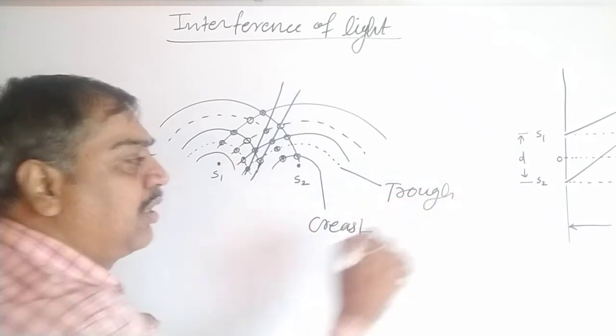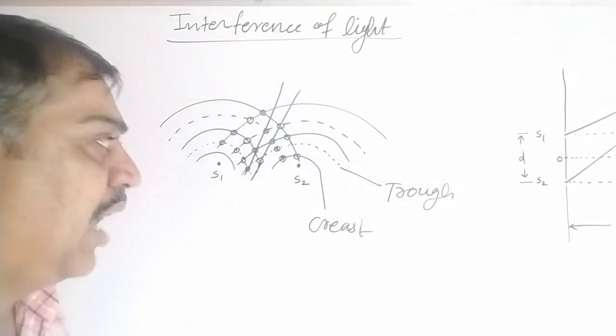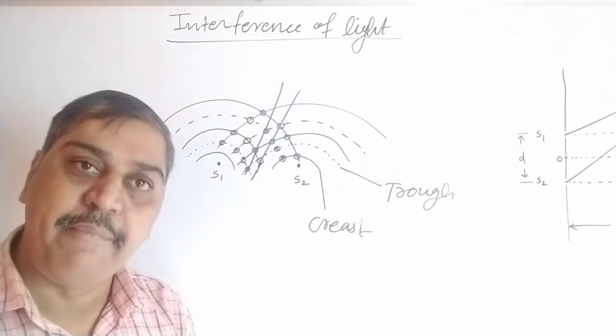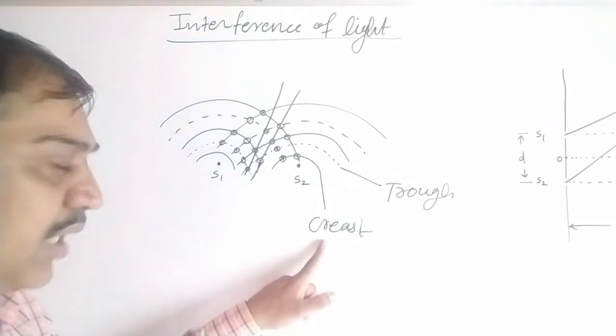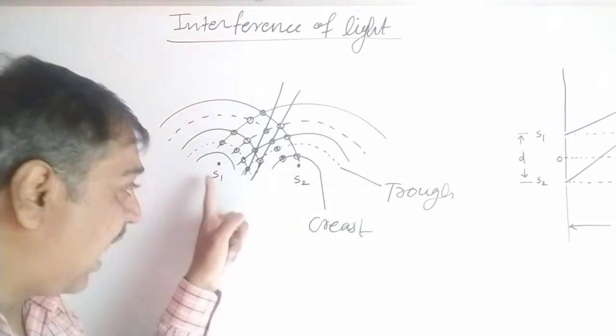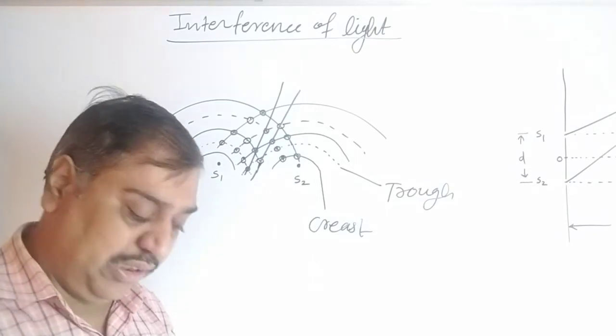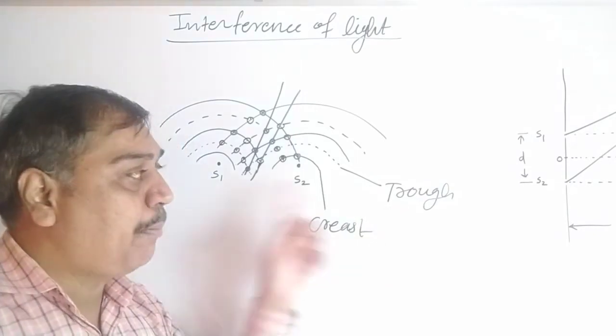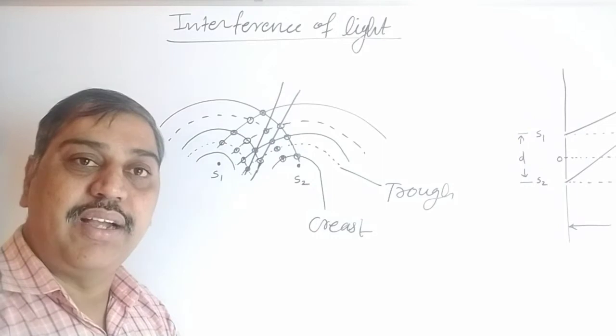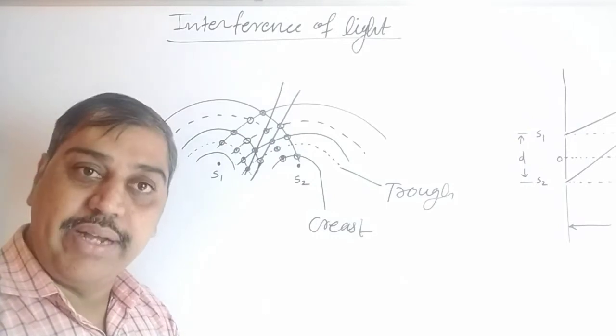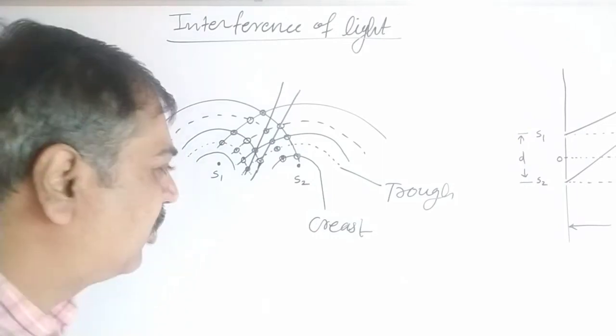Here the dark line represents a crest and the dotted line represents a trough. What will occur? When crest falls on crest, the dark line of this and the dark line of this get matched together. That is said to be crest falling on crest. When the dotted line of this matches with the dotted line of this, we can say trough matches with trough, constructive interference. So let's start with the points of constructive interference.